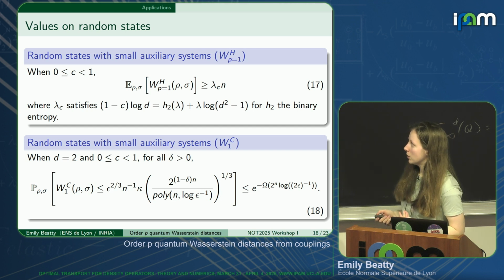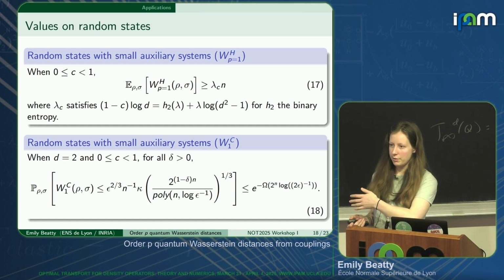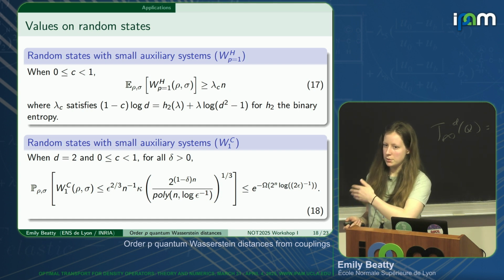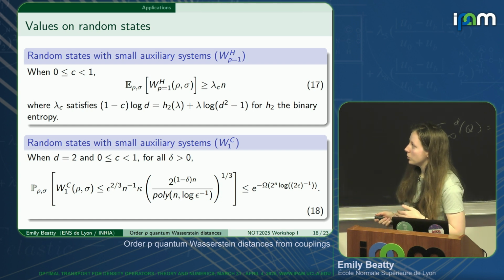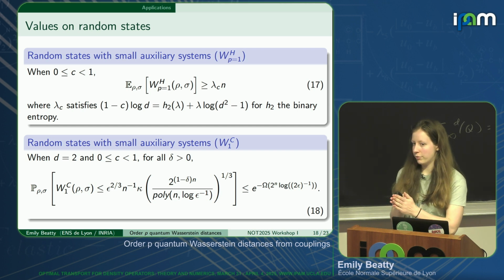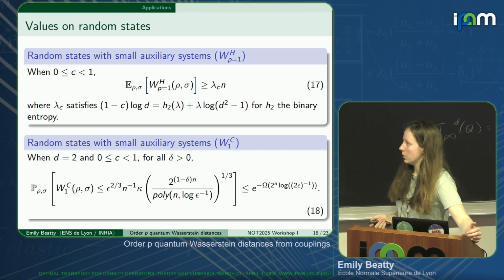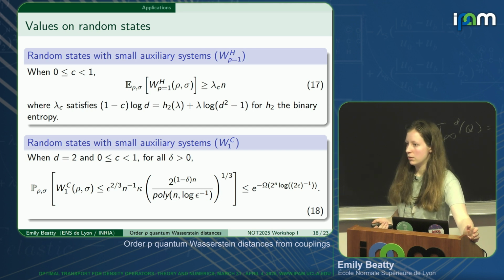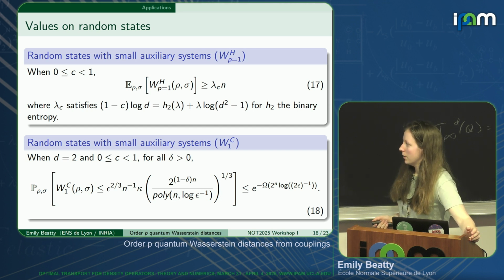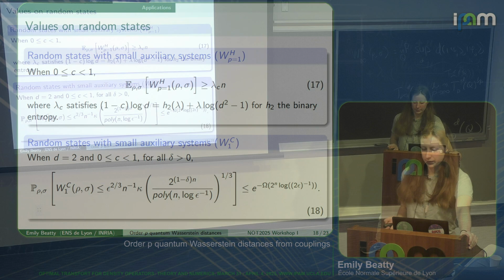So generally for large auxiliary systems, the distance decays as you take bigger and bigger systems. And for small auxiliary systems, this distance on average mimics the maximal behavior, the diameter of the metric space of pure states, as the number of qubits goes to infinity.